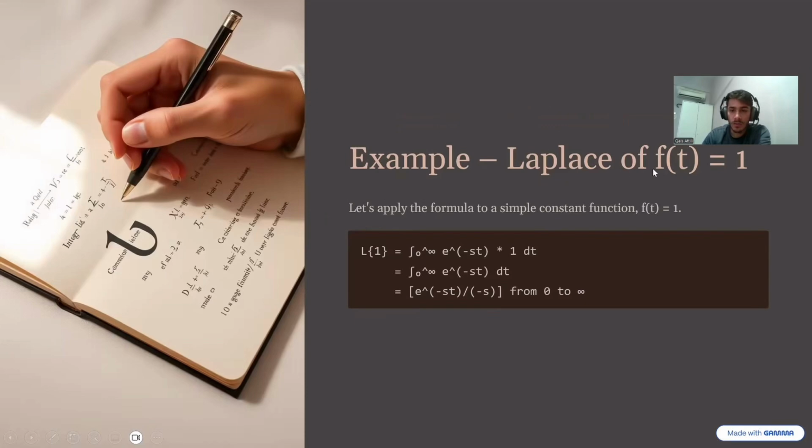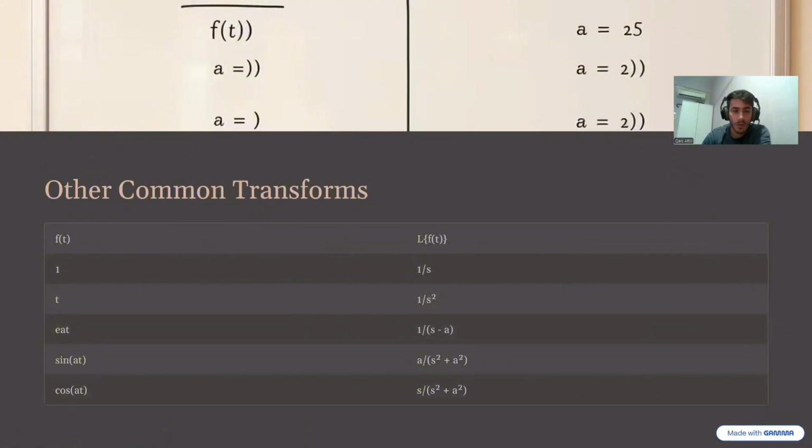So here's an example of the Laplace of the function 1. I'm not going to solve this. I'm just going to go to the table, and after this, I'm going to do an example about this. So here you have common transformations for simple functions like e to the minus at, t, sine at and cosine at. So a here is a constant.